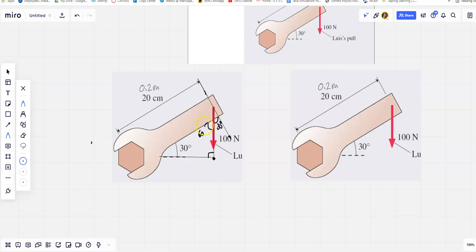Here's where we need to break from the formula that tau is equal to r cross f, which is equal to r f sine of theta, okay?